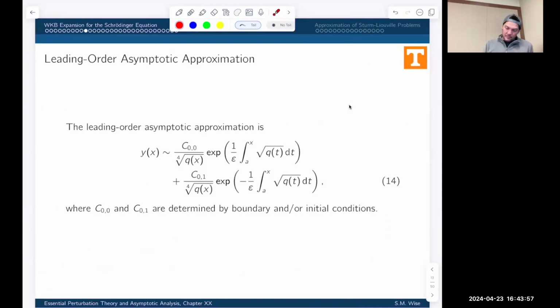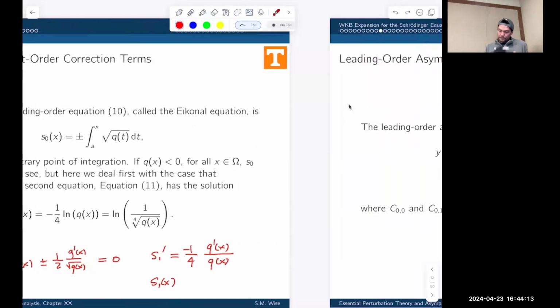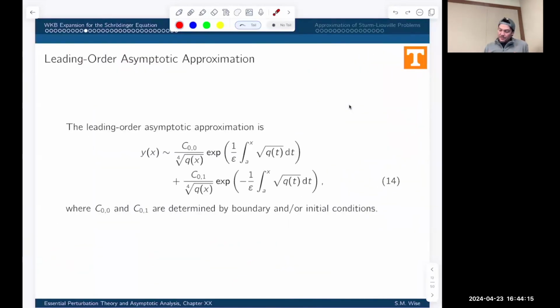So the leading order asymptotic expansion, we have 2 branches that we have to take into consideration here. One goes with the plus, and one goes with the minus sign. The one that goes with the plus is here. And see, I ultimately do have a constant out front. And the one that goes with the minus term is this one here.